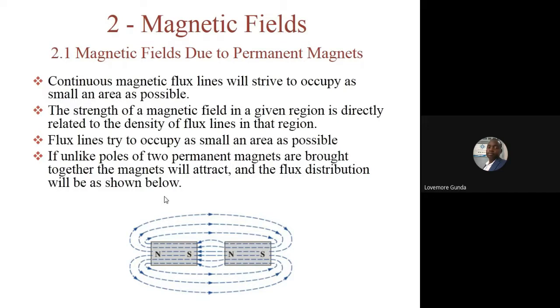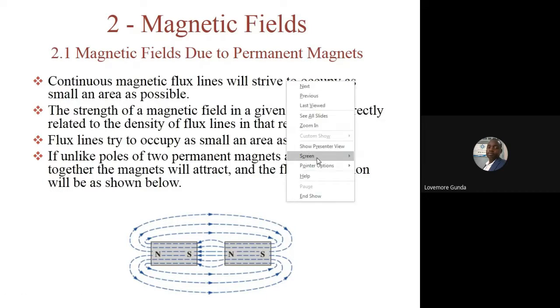Then, if you put unlike poles of magnets together, they will attract, and that is the flux distribution, which is observed as given in that diagram. That is our flux distribution.